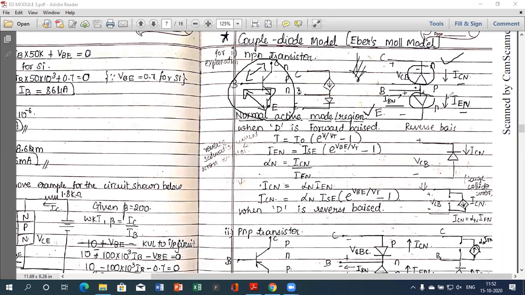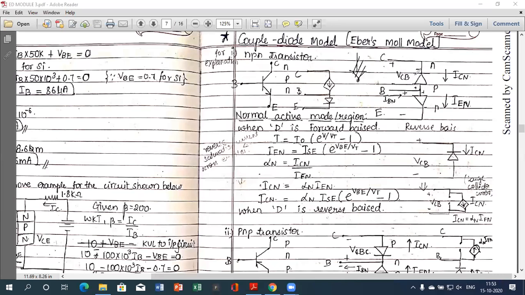Where this diode is forward biased, so the direction of the current, this is the input current. This current is exactly opposite to the forward bias, reverse biased, because for the collector you have always connected one supply voltage. So that supply voltage makes this collector current flow in this direction, even though it is reverse biased.